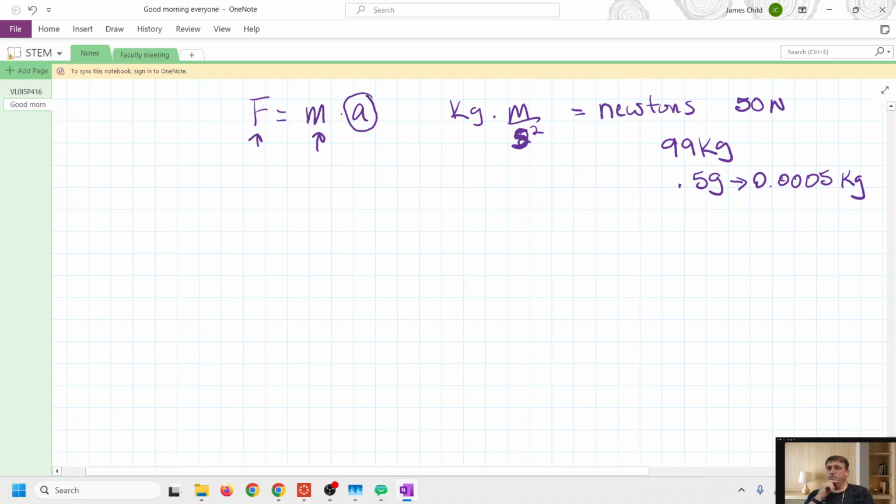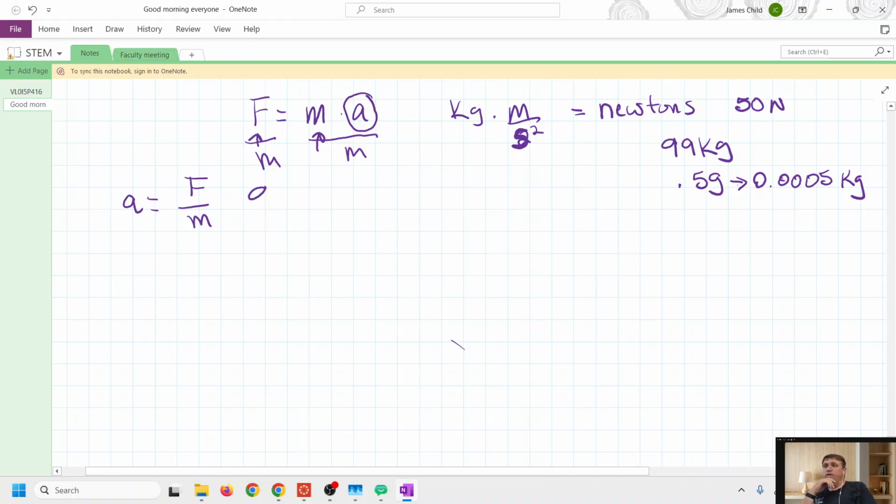So I need to get the acceleration by itself, so I'm going to divide both sides by mass. And I end up with acceleration is equal to force divided by mass, okay? So let's calculate my acceleration. Because these two things are colliding, my acceleration would be in the opposite direction of my travel, and because I'm larger, the butterfly's acceleration would be in the direction of my travel. The butterfly would slow me down a little bit, and I would speed the butterfly up a lot, okay?